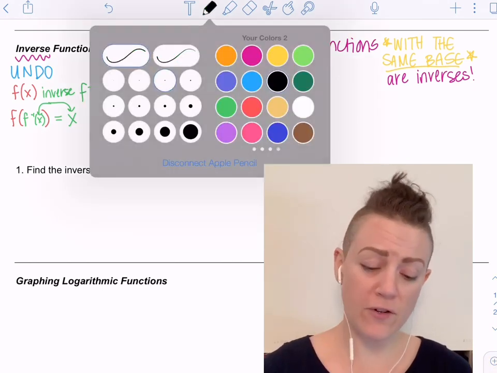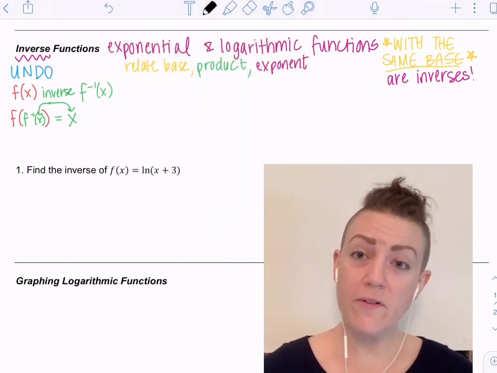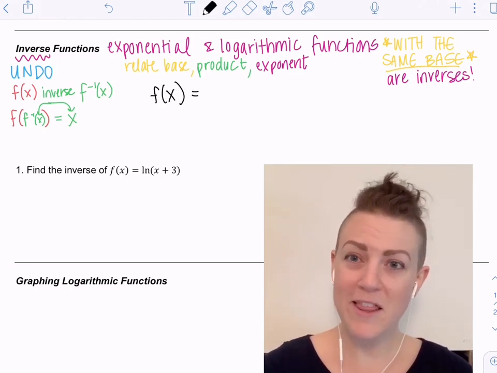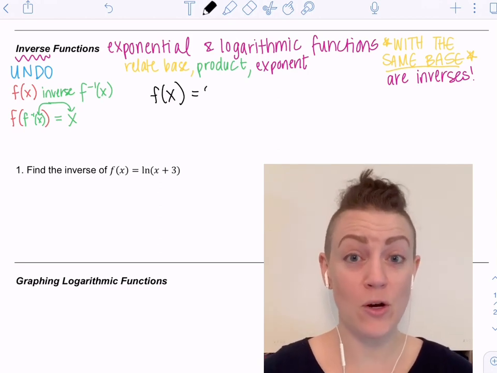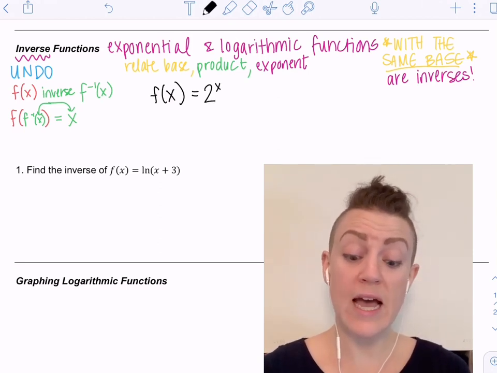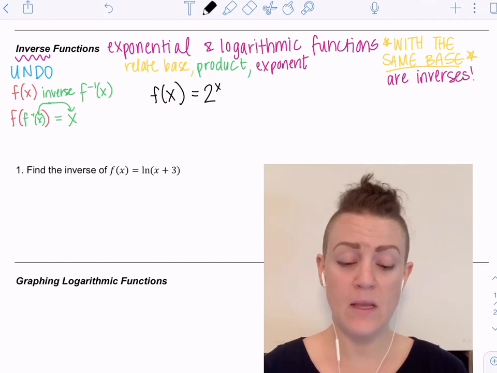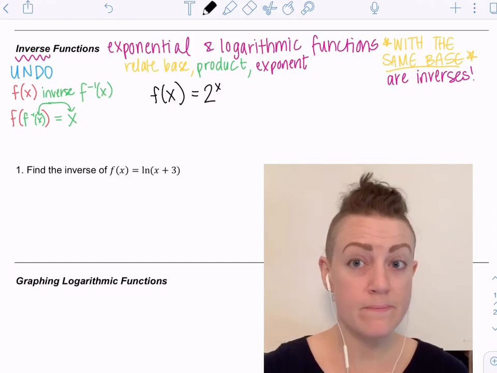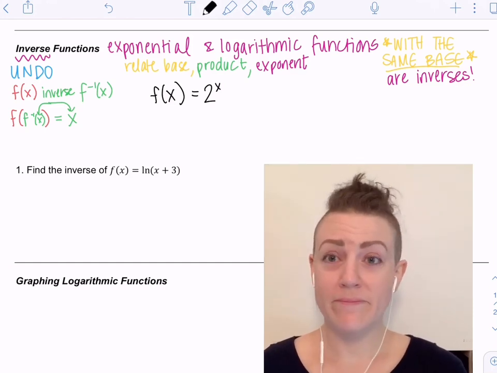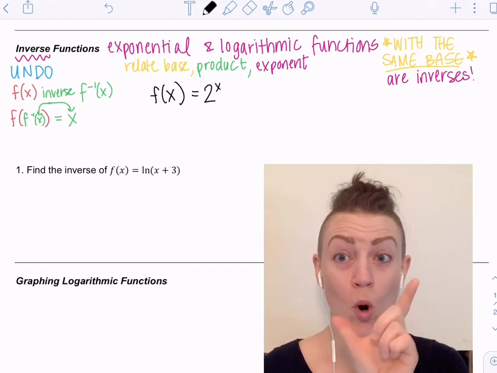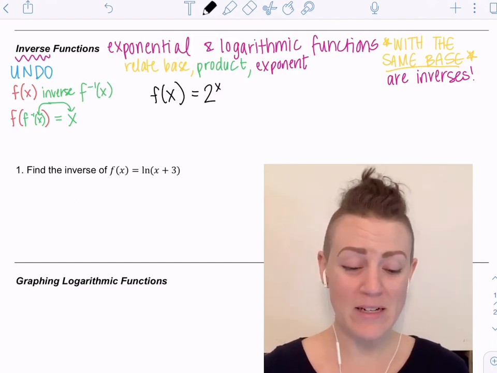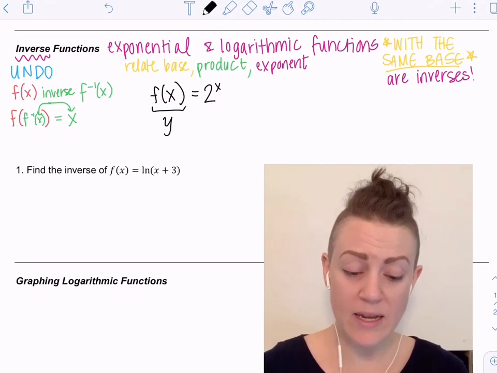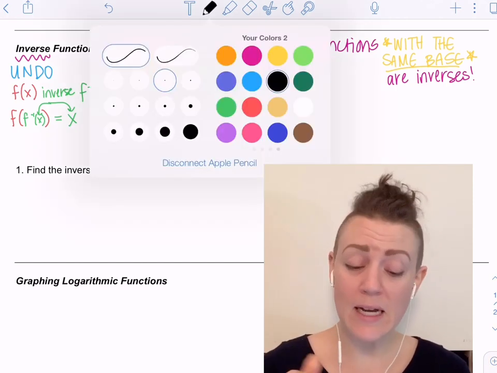So here's our first example that I'm going to write up for you. Our original function f of x is the very first exponential function we ever worked with, 2 to the x power. Our job here is to find the inverse. Step 1, swap. You already know it. Remember that f of x represents y, and we're going to swap y and x positions.